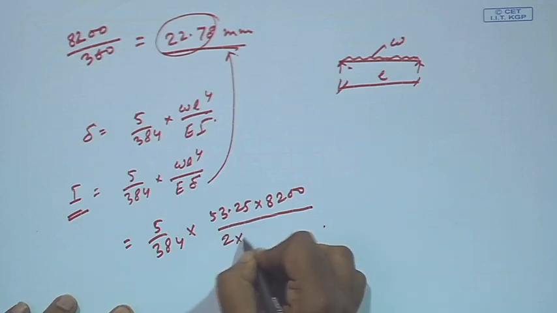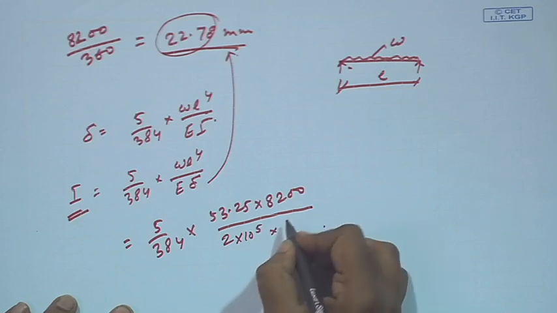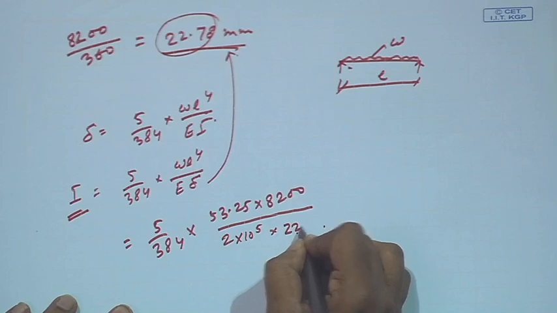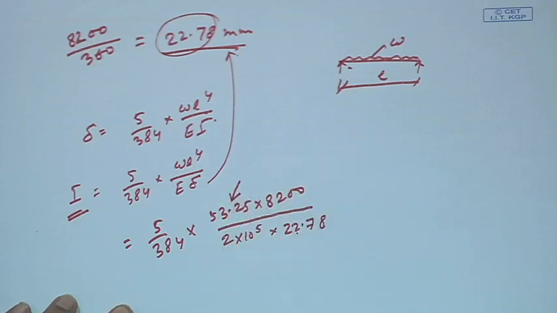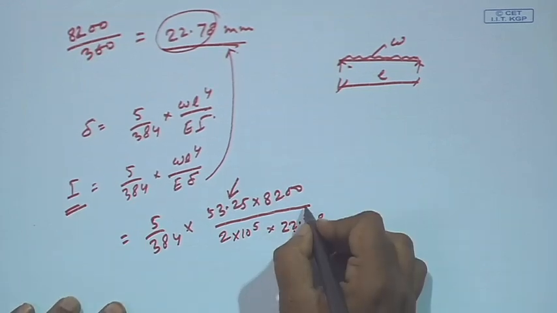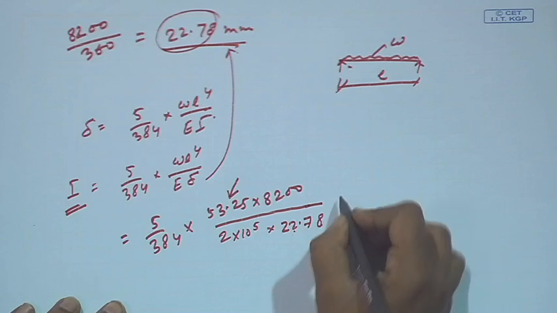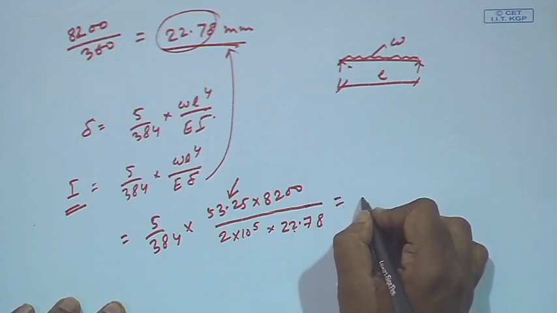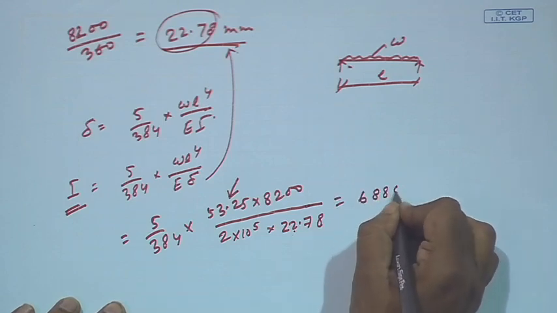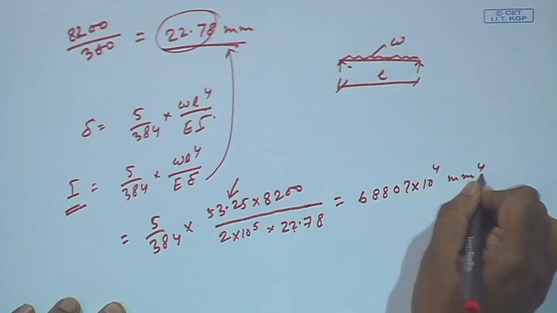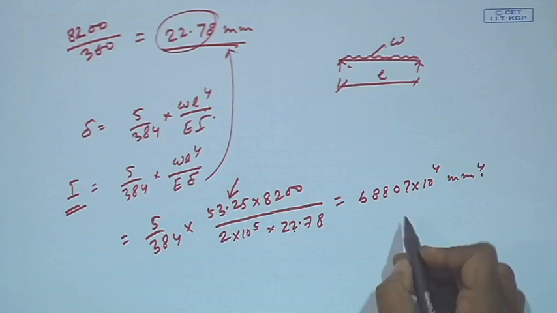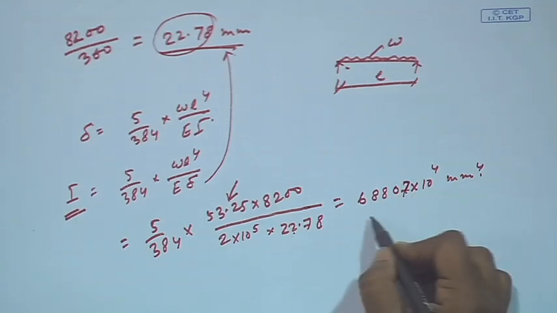E is 2 into 10 to the 5, and delta, the allowable displacement, is 22.78. Now, remember this W is the service load, the unfactored load, because deflection check has to be done through unfactored load. So, from this I can find out I as 68807 into 10 to the power 4 millimeter to the power 4. So, two conditions we got which we have to fulfill.